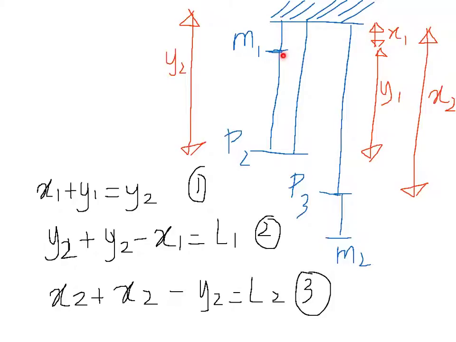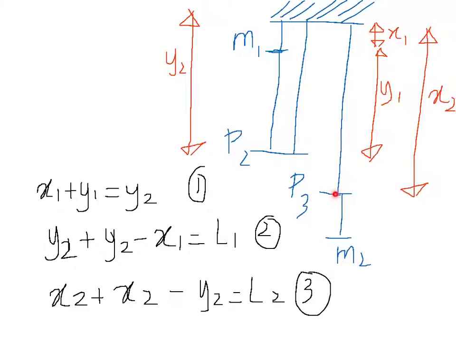From here to the second pulley is y1. This is what I'm defining my coordinate system as. From the reference point to P2 is this coordinate y2, and from the reference point to pulley 3 is x2. Another point to note is that because there's nothing happening with this string which connects P3 and M2, the acceleration of M2 will be the acceleration of P3.